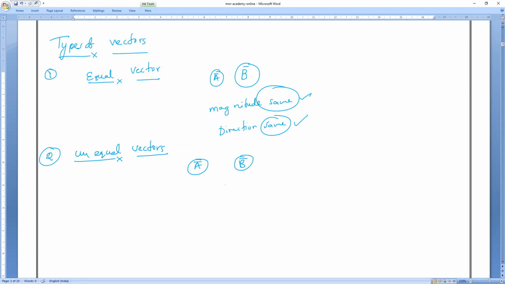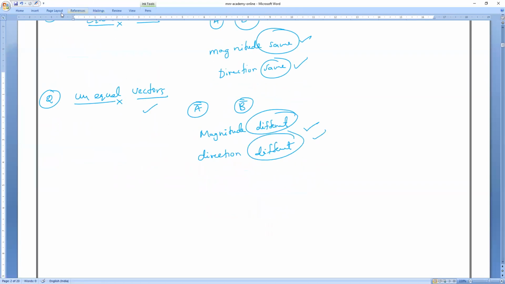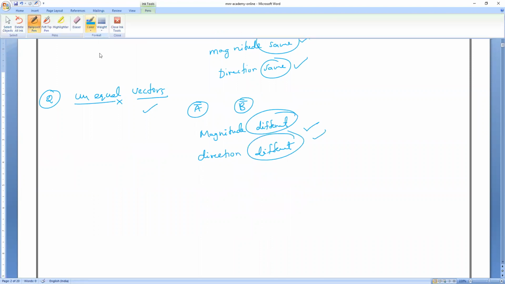If the magnitude is different and the direction is different, or the magnitude is same but the direction is different, or the direction is same but the magnitude is different, or both magnitude and direction are different, then we call them unequal vectors. Any doubt in this?